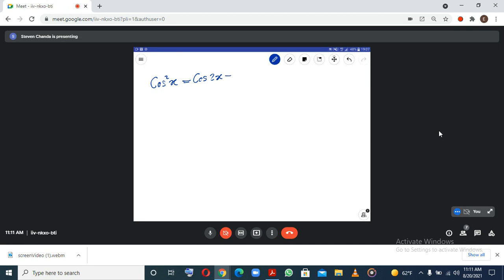Then over 2, right? So then what do we do now? Of course, at this point we're going to introduce a square root to get rid of that square. Then we're going to have cos x.